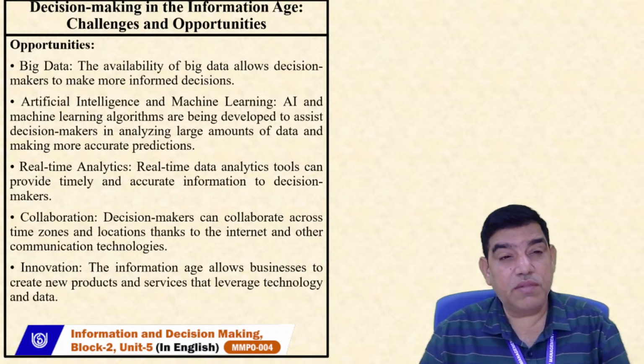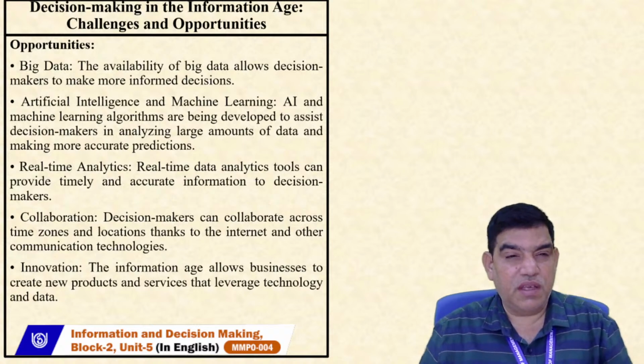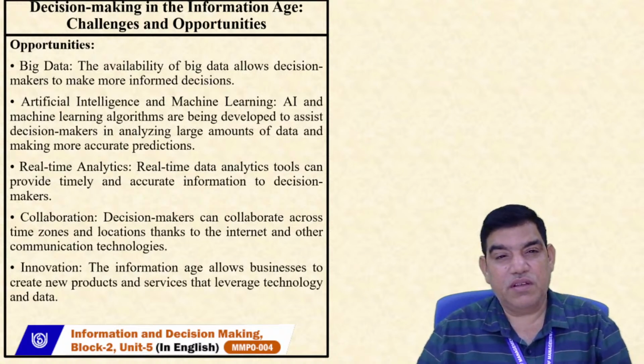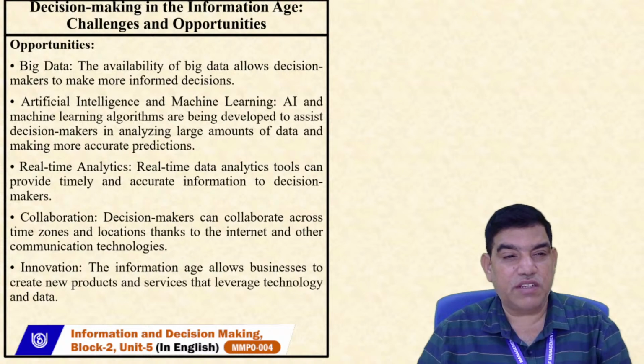Big data means the availability of big data allows decision makers to make more informed decisions. Artificial intelligence and machine learning algorithms are being developed to assist decision makers in analyzing large amounts of data and making more accurate predictions. So that is AI and machine learning.